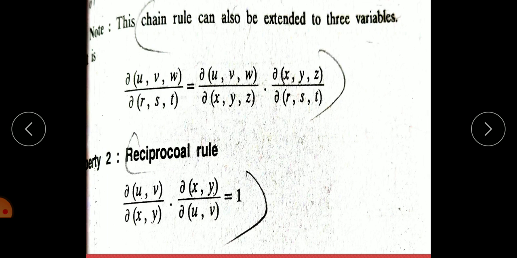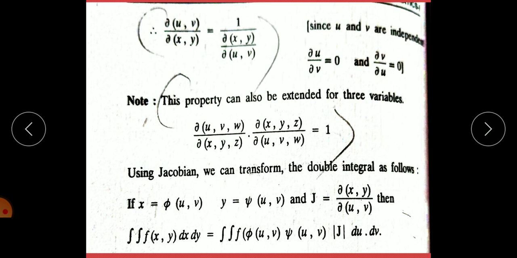That is, dou of (u, v) divided by dou of (x, y) into dou of (x, y) divided by dou of (u, v) is equal to 1. So dou of (u, v) by dou of (x, y) equals 1 divided by that term. This property can also be extended to three variables.